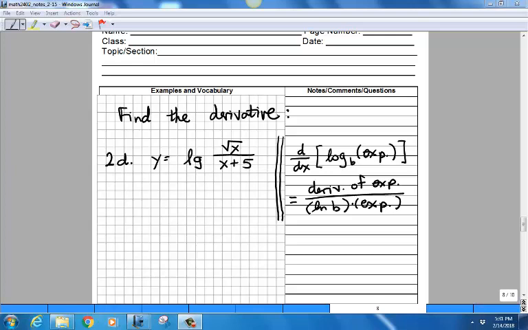Okay, so let's look at another example of finding the derivative of a log function where the base is not e.